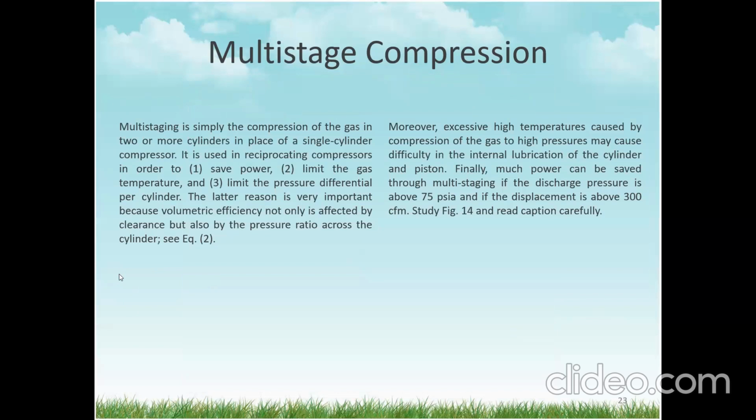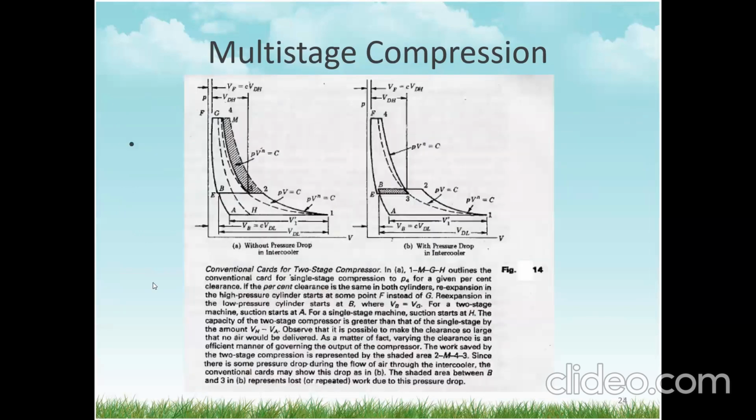Okay, picture the figure 14. So dito, without pressure drop in intercooler. Yan ang diagram niya. 1 mgh outlines the conventional card for single compression to P4 for a given percent clearance.